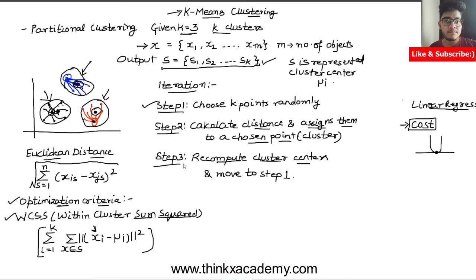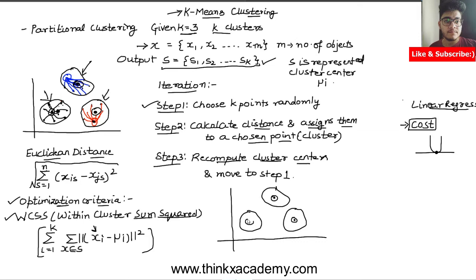Now after completing step 3, which is to recompute the cluster centers, we move to step 1. We will not choose the k points randomly now, because we are actually recomputing the cluster centers. So now we choose the cluster centers here. After the first iteration, the clusters are going to be something like this. These are my clusters and these are the cluster centers which we have recomputed.